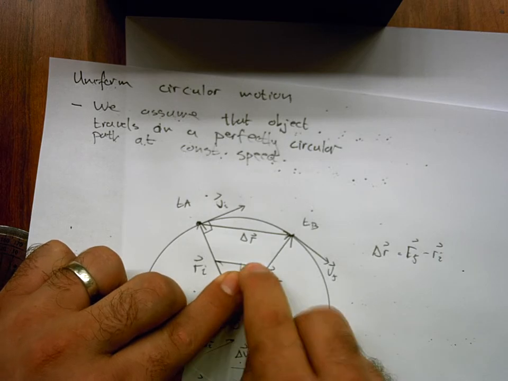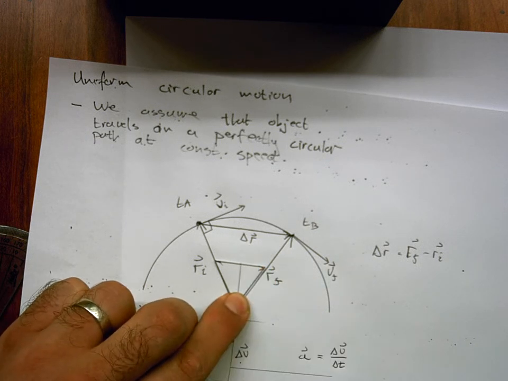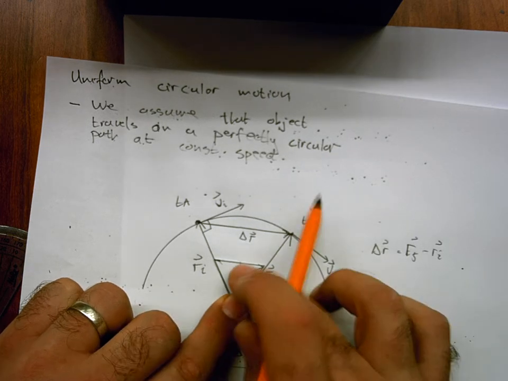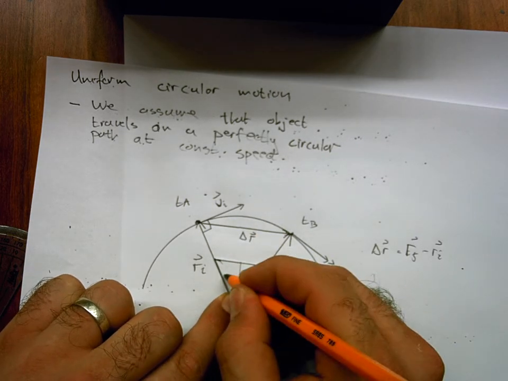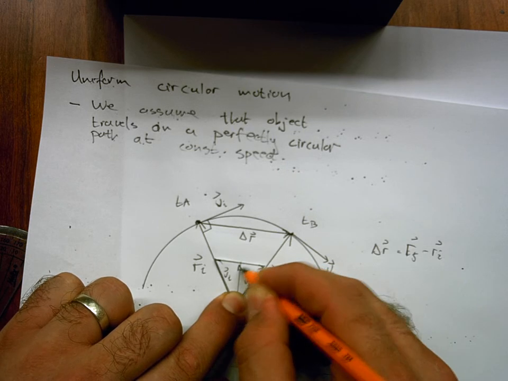Can you see? It's like a smaller version of the triangle formed by my position vectors and the change in position. And the ratios of these sides, remember that side was V initial, that side was V final, that side was the change in velocity.